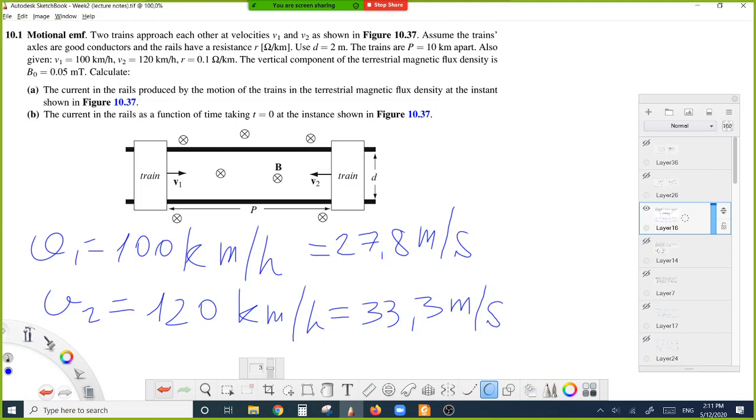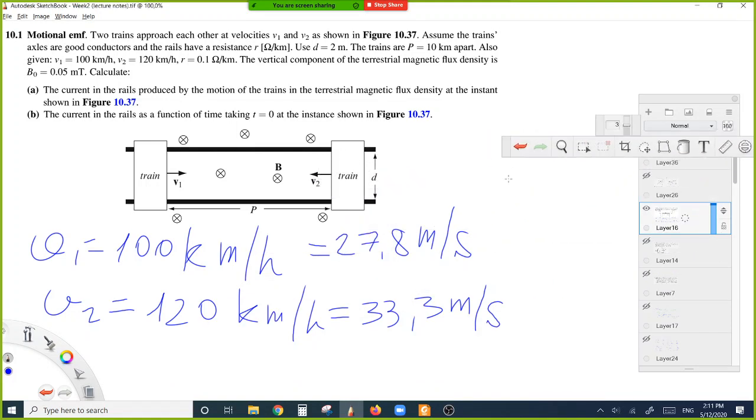Okay, and the vertical component of terrestrial magnetic flux density is B0, 0.05 millitesla, which is 5 multiplied by 10 to the minus 5 Tesla.